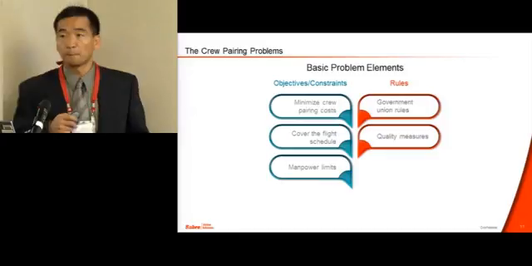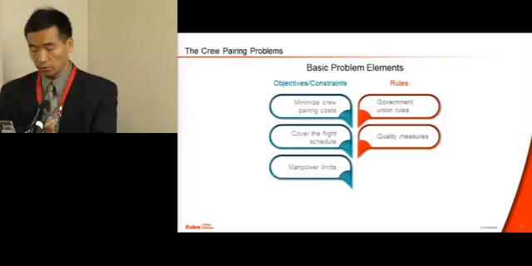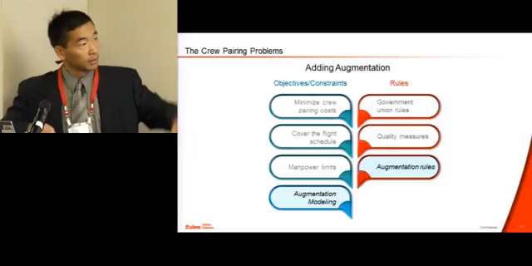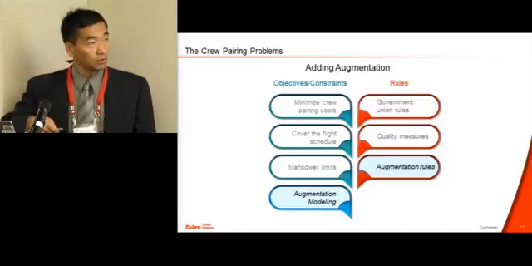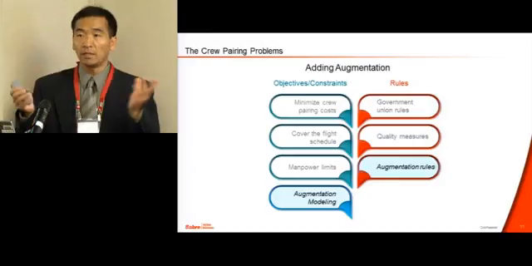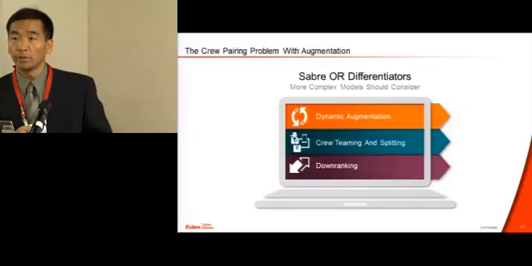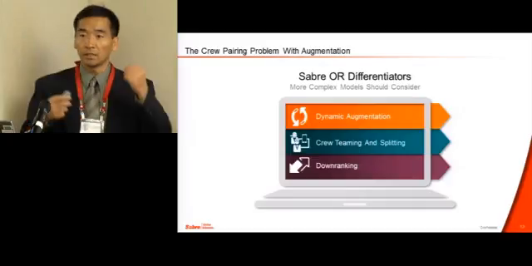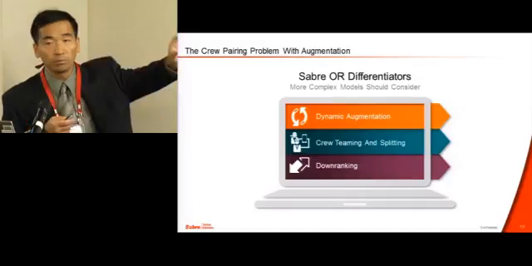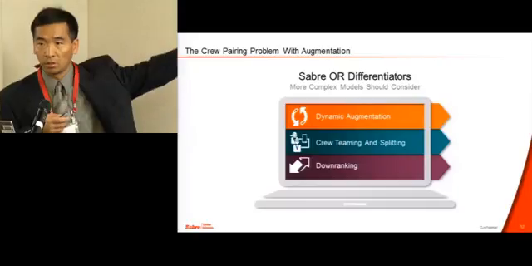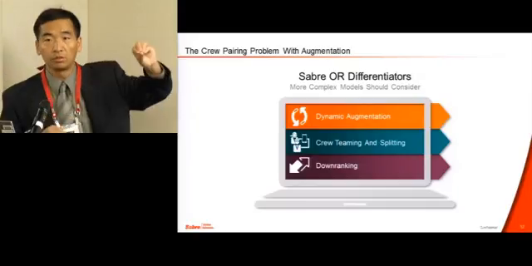However, if you want to add augmentation, you need to add the augmentation constructs to the model. You need to model that explicitly, and you also need to add augmentation rules to allow the extended set of pairings to be considered. That's exactly where we come in. We have an extended comprehensive crew augmentation model, which includes all 3 aspects we talked about earlier, and we put it into an OR model, and we can solve it.